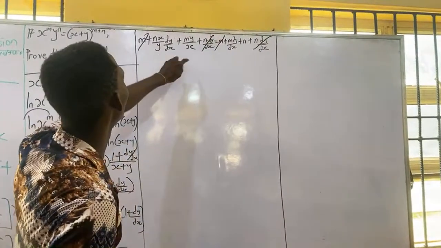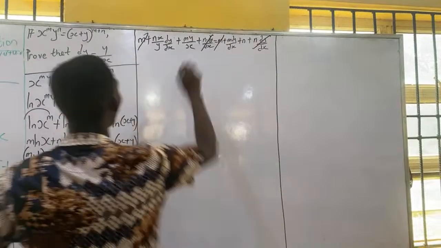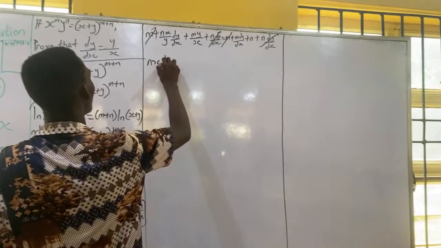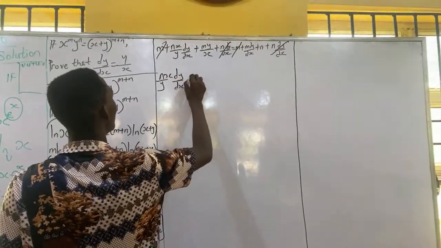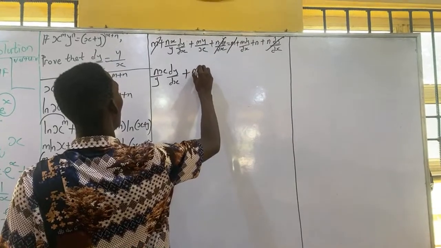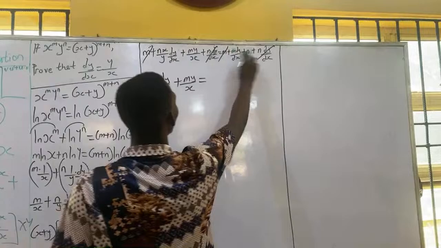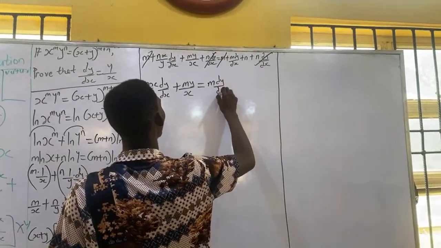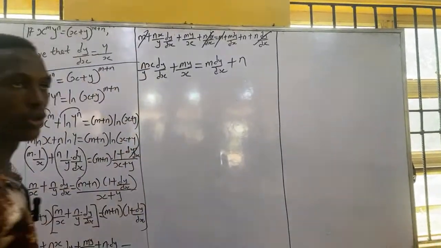So we are now left with these two expressions. So let's write nx over y dy dx plus my over x is equal to m dy dx plus n.